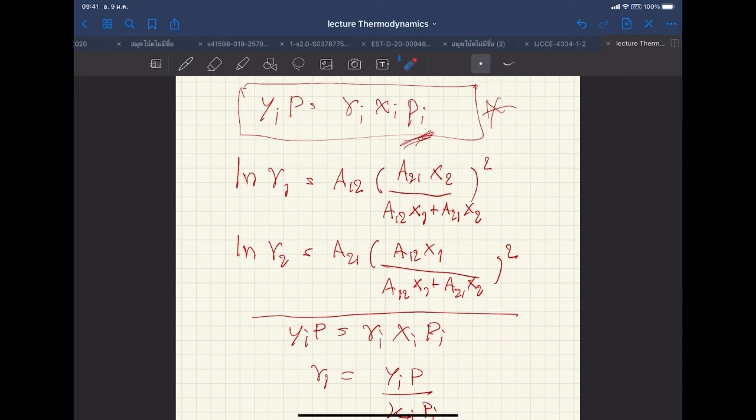So the problem is on xi and gamma i, because xi is our unknown, and we know that the activity coefficient gamma is a function of xi, so we have to plug in our activity coefficient model here, which is a function of xi. Okay, so you can calculate xi and the pressure of the system.